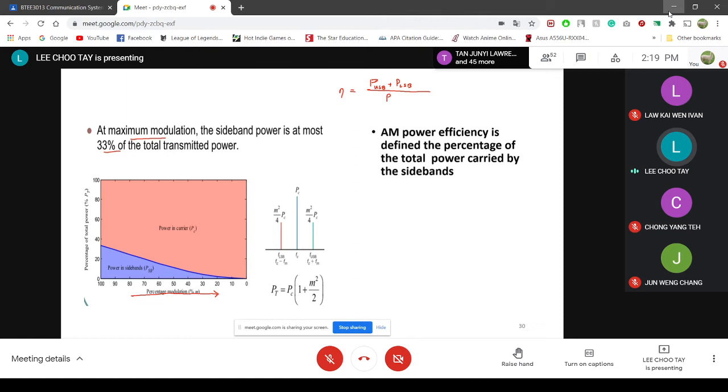So the efficiency actually reduces when the modulation index decreases. So it decreases together.